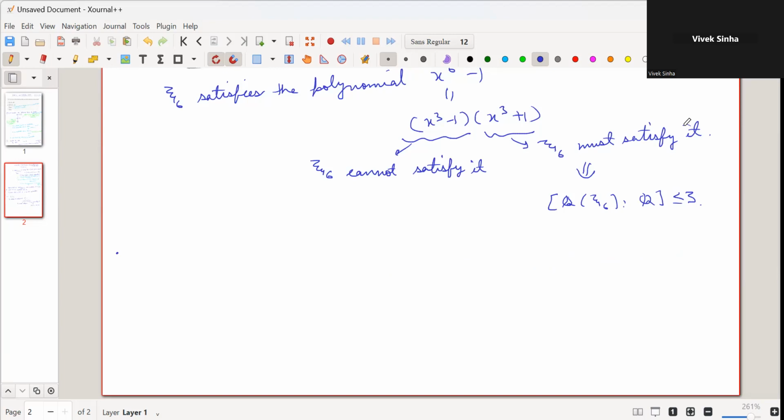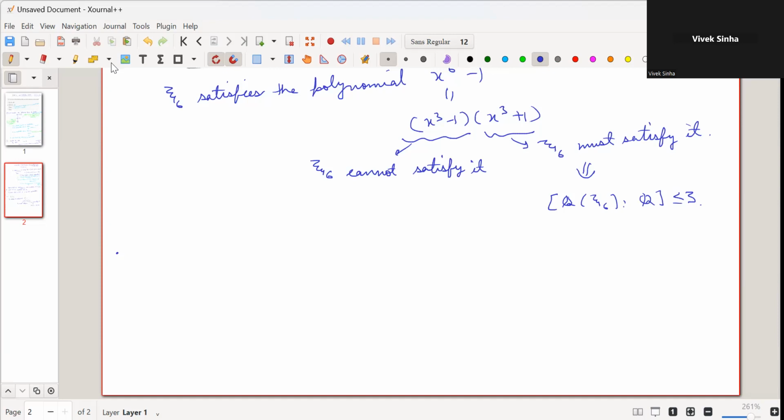But how can one predict these things? Once you have a factorization, then you can say, oh, this is reducible. But just from this information, how can one directly say what is the trick behind it?